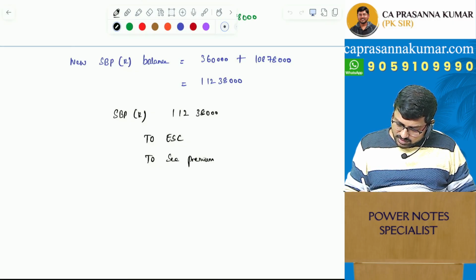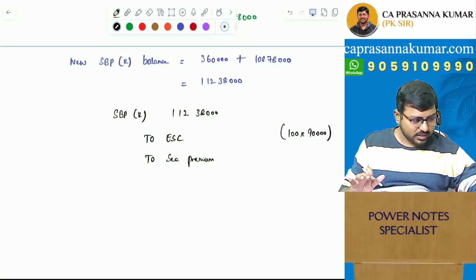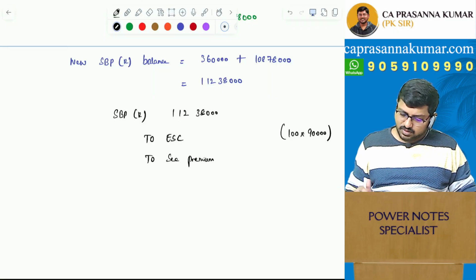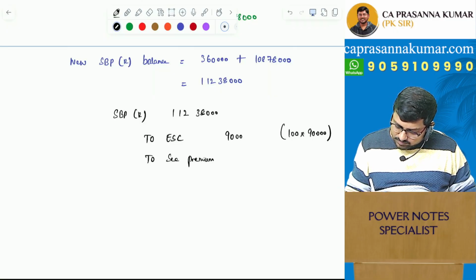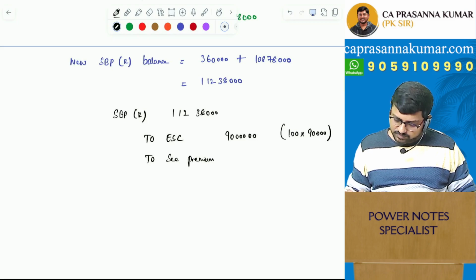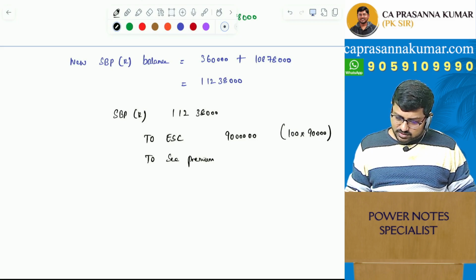So this will be 100 into how many shares? 90,000, right? So this will be 90 lakhs, okay?